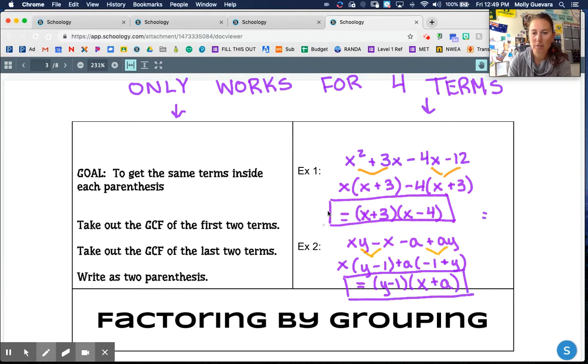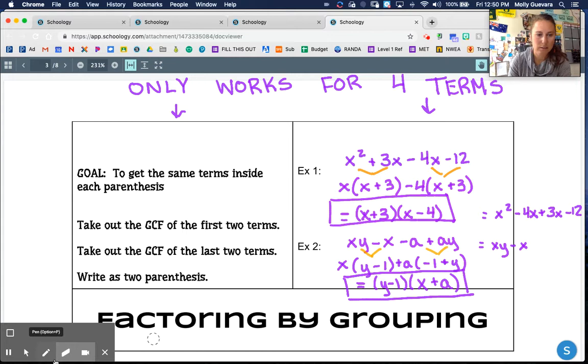Again, if you want to check your work, all you have to do is distribute this back out, right? So if I distribute this top one back out, I get x squared minus 4x plus 3x minus 12, which is what I started with, just the x's were switched, but it's the same thing, right? Same thing here. If I were to multiply this back out, I would get xy minus x, oh sorry, minus a, my bad.